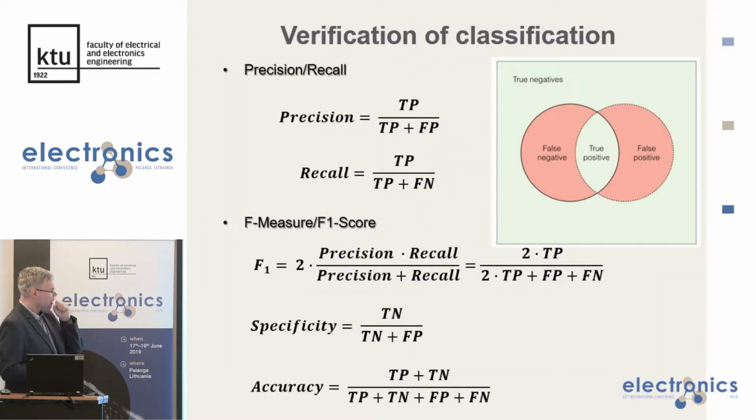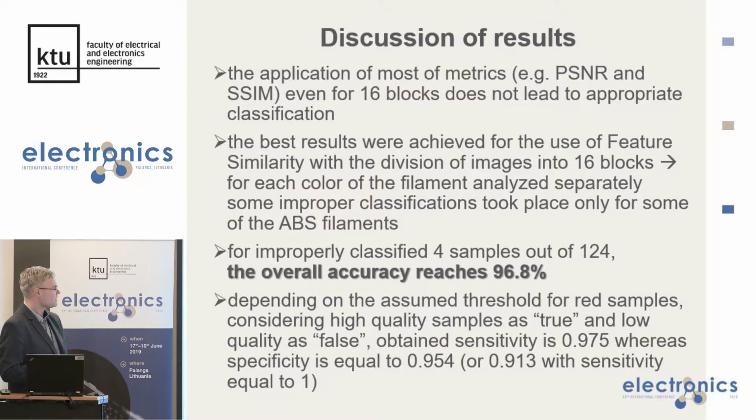So, if we verify this using well-known classification metrics like specificity, F-measure, or accuracy, high quality and low quality are true and false. Samples we classify as true positives, false positives, and so on. Wrongly classified samples are considered as falses.